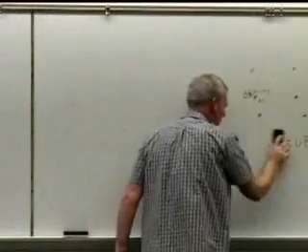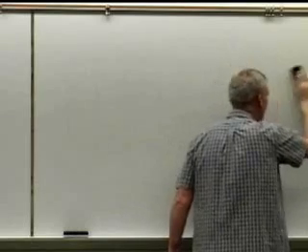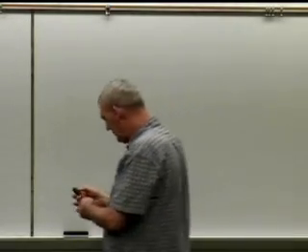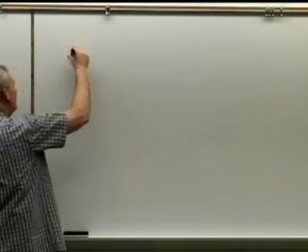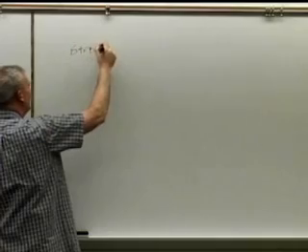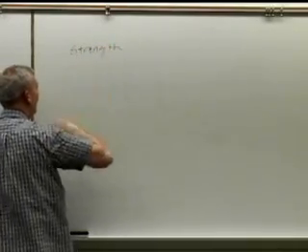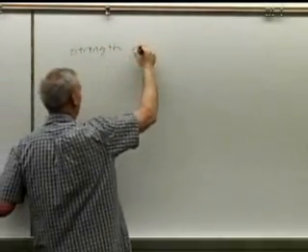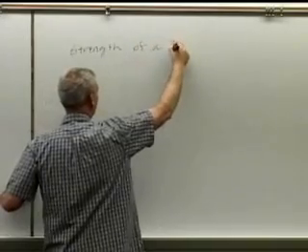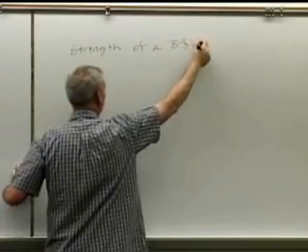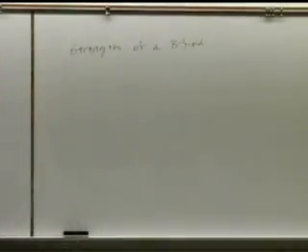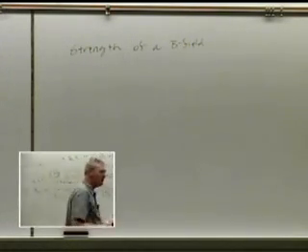The strength of a B field depends on the geometry of the current. It depends on the geometry of the wire.